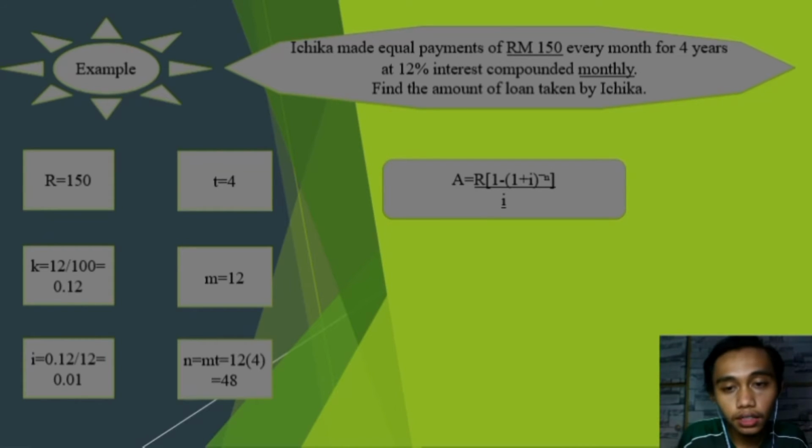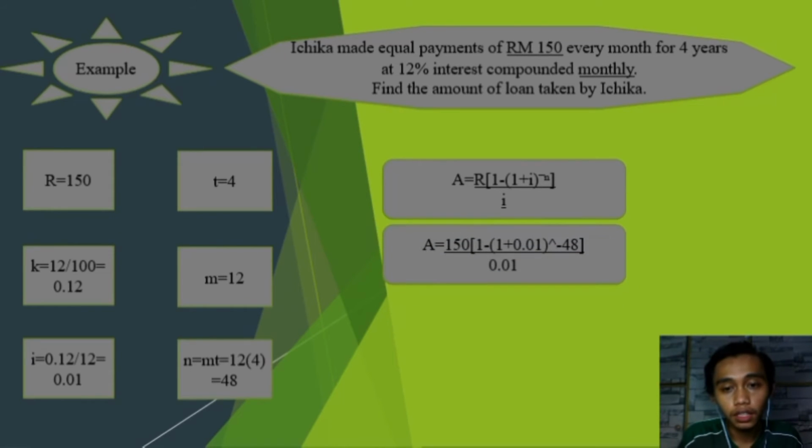Write the formula. A equals R open bracket 1 minus open bracket 1 plus i power negative n close bracket divided by i. So we change the formula with the numbers. A equals 150 open bracket 1 minus open bracket 1 plus 0.01 power negative 48 close bracket divided by 0.01.